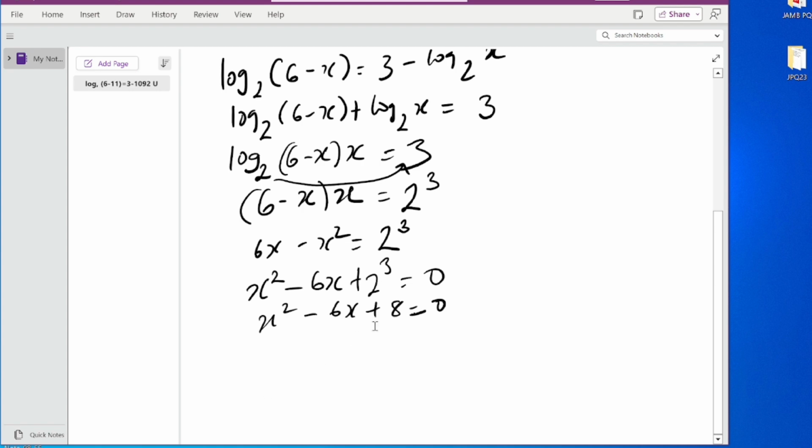We already know it's 4 and 2, but now we should understand our quadratic equation very well. So for you to get plus 8 and yet minus 6, the 2 numbers will be minus 2 and minus 4. When you add them together, it gives you minus 6, and when we multiply them, minus 2 times minus 4, minus times minus gives you positive, 2 times 4 is 8.